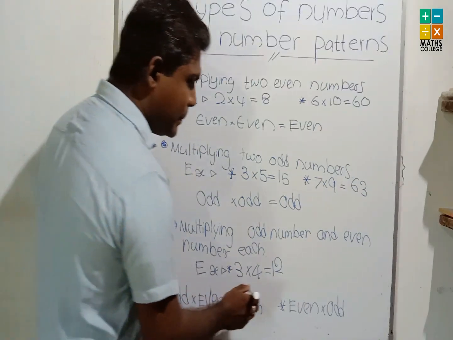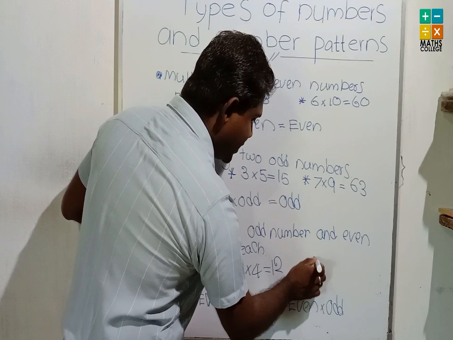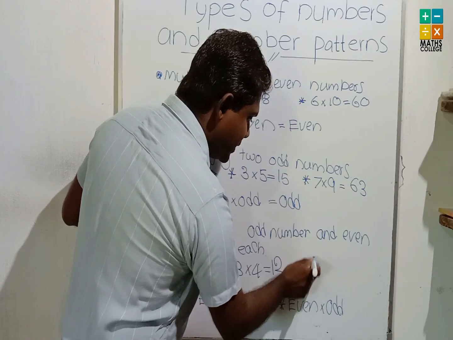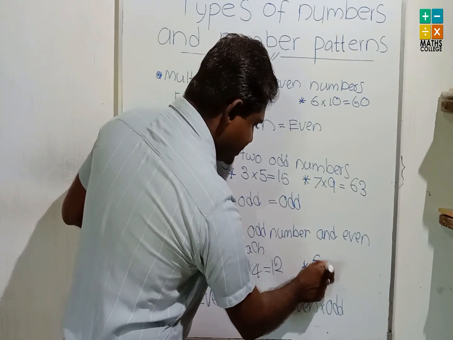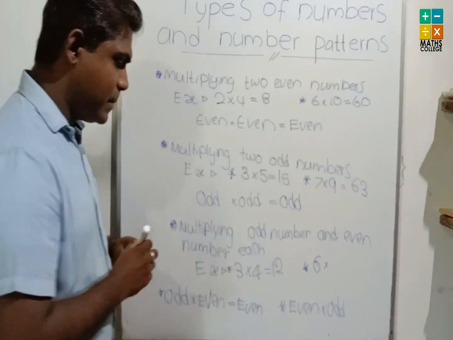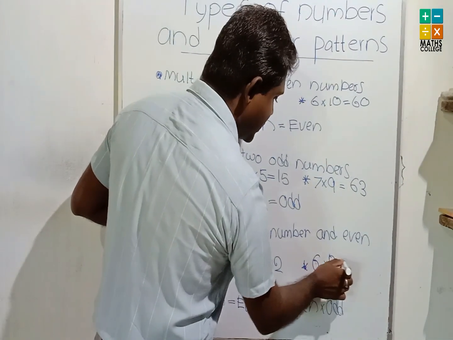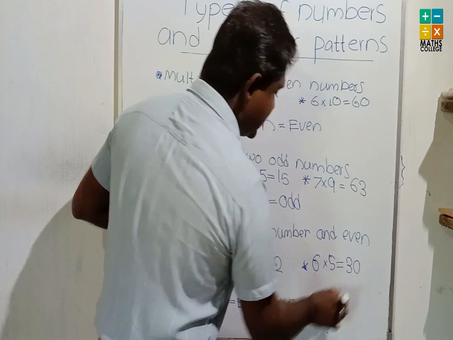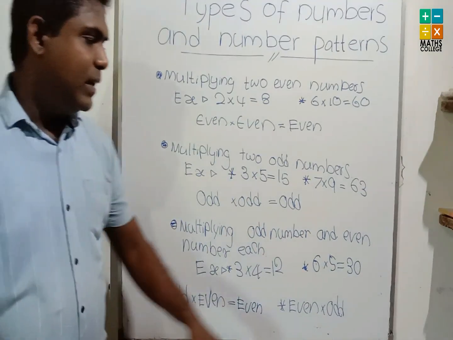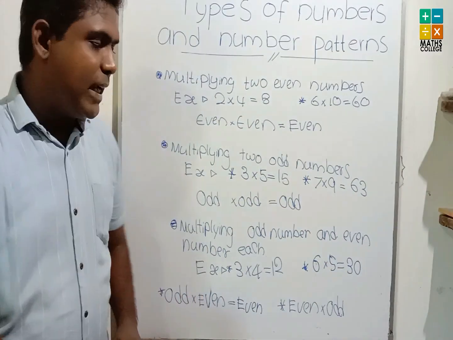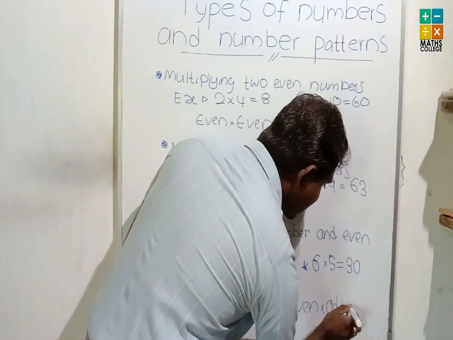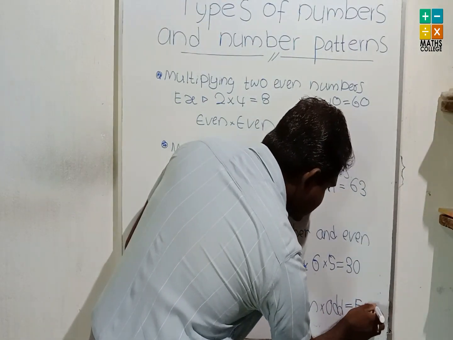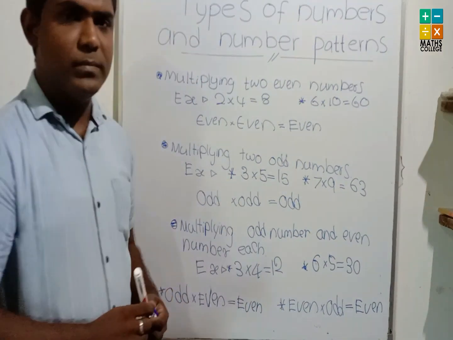And another example, even and odd. Consider 6 as even and 5 as odd. What is the answer? 6 into 5 is 30. The last digit is 0. That means 30 is an even number.